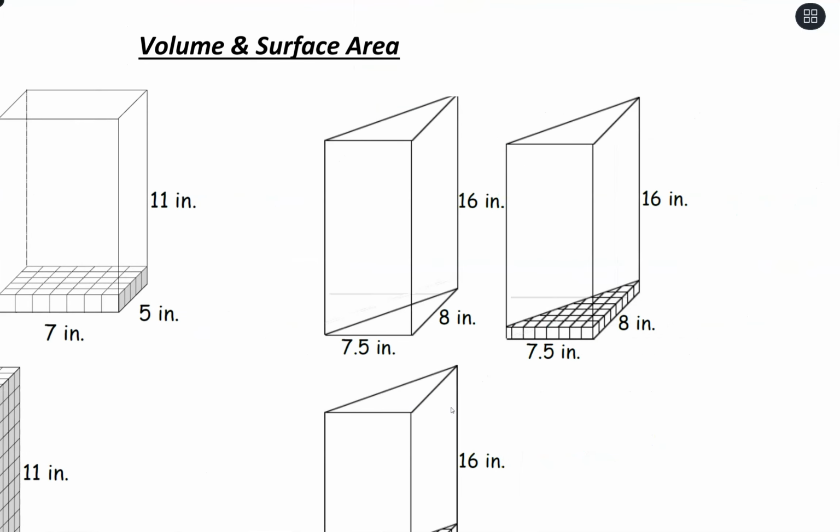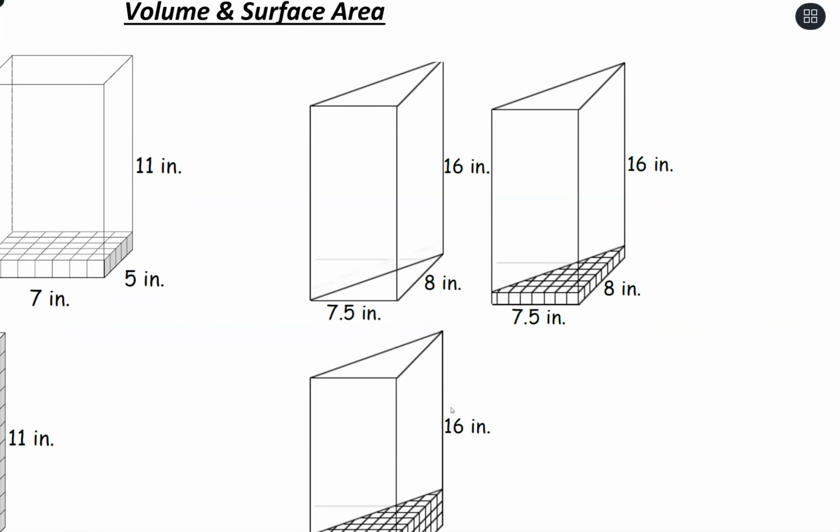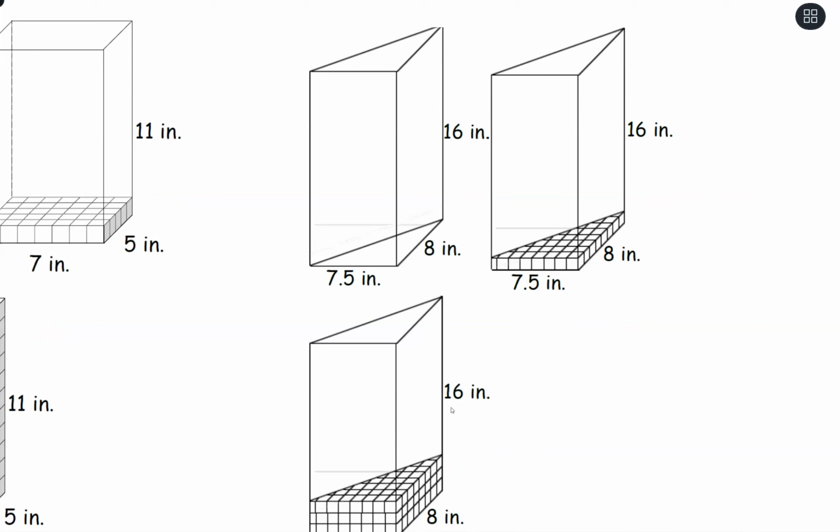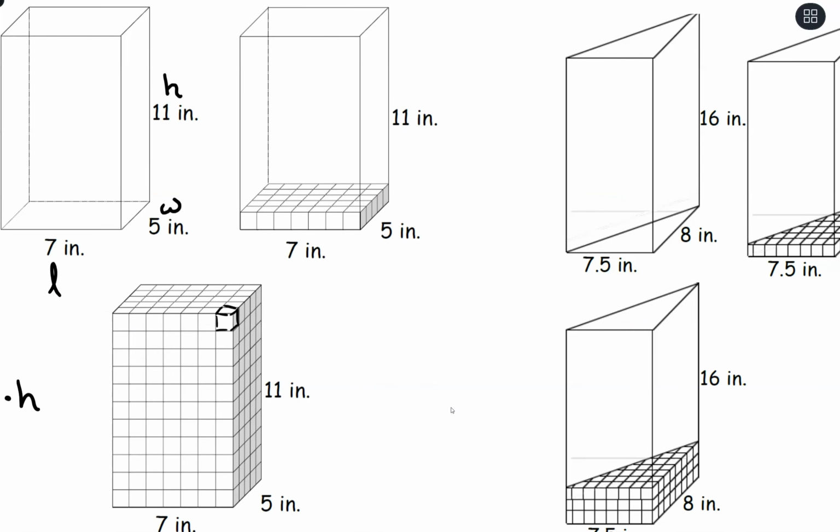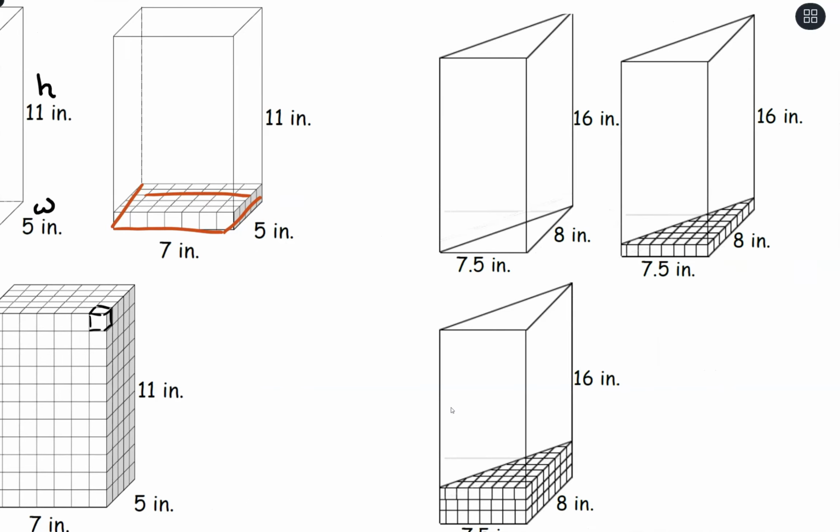Now, as we change the shape of our prism, meaning changing the shape of the base. So with this one, our base was the rectangle. Now our base is a triangle, but the routine's going to be the same. We think about taking just the area of the base, and then to fill up the box, we need to then multiply by the height.